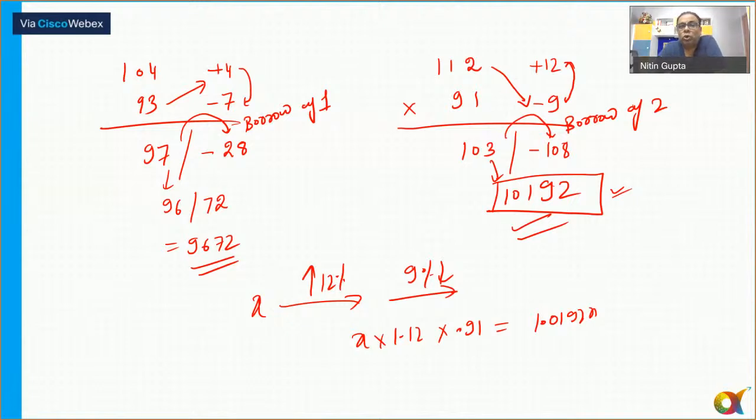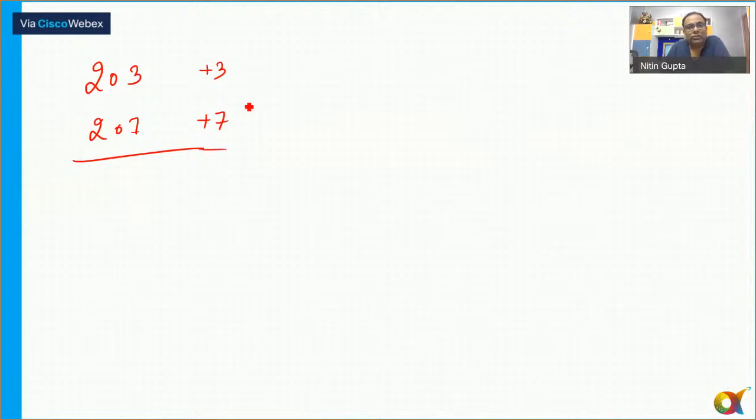Now, similarly, we can also work on a base of 200, 300, 400, 500, anything. How? Let's see here. Let's say the numbers are closer to 200. I need to multiply 203 into 207. So 203 plus 7, 210, and take a product of the two extra parts: 3 into 7 is 21.